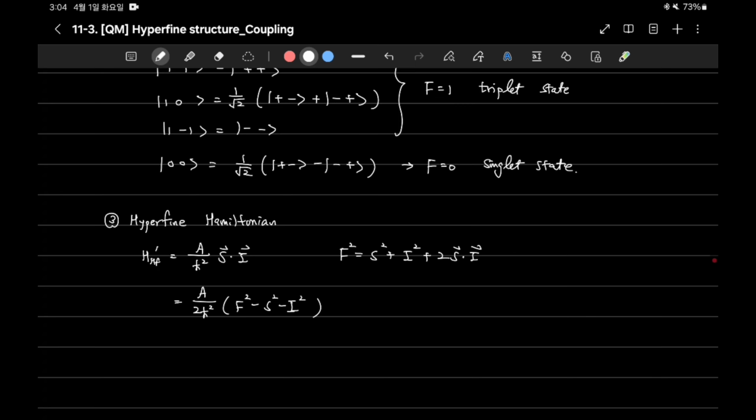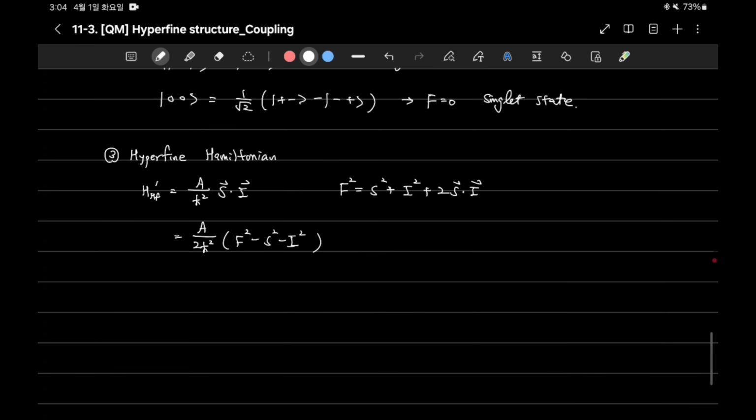Because f square, s square and I square are represented by matrix elements, this Hamiltonian can be written down, for example, by calculating the matrix elements of f square, s square, and I square. But we already know the s square and I square matrix elements.